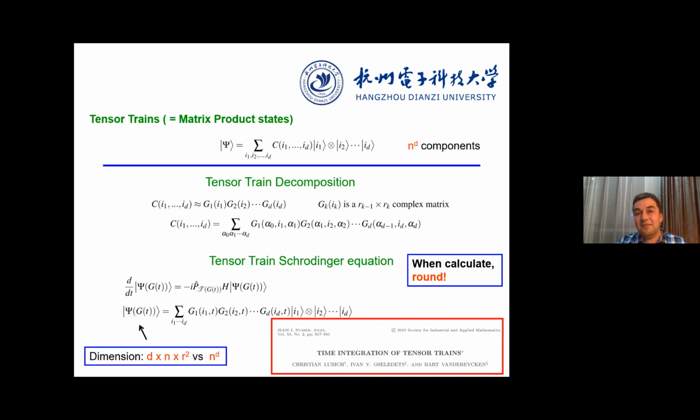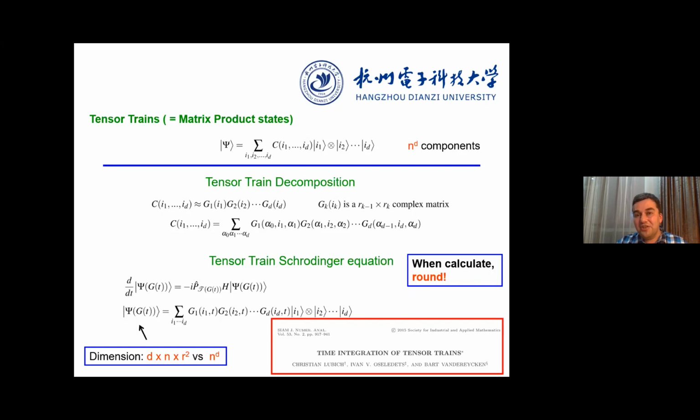And the very rough idea about how it works is that if you have an n-dimensional tensor, in the limiting case, you can just describe it as a direct product of, let's say, d vectors. But of course, this is in the case when all components are independent.